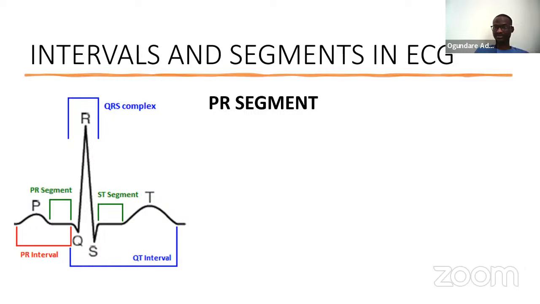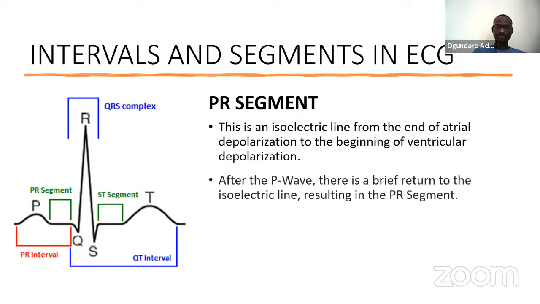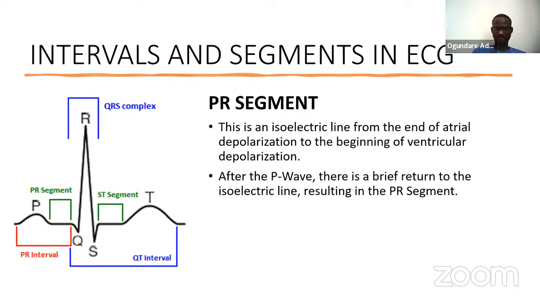That's one of the key things you look out for when trying to interpret an ECG. So this is an isoelectric line from the end of atrial depolarization to the beginning of ventricular depolarization. After the P wave, there is a brief return to the isoelectric line resulting in the PR segment. So that's the straight line there.